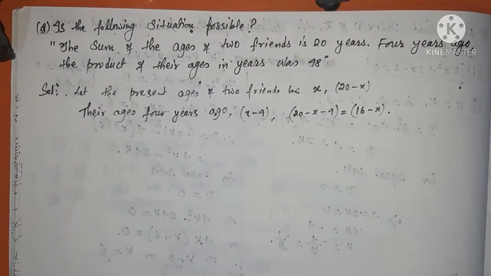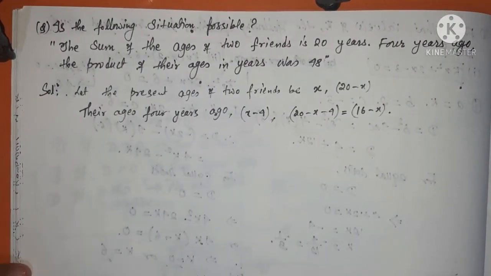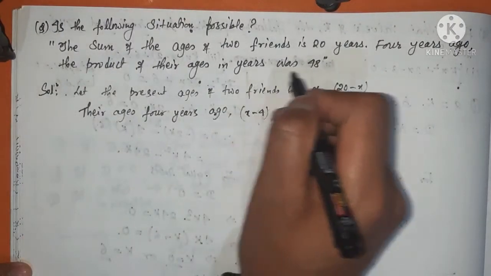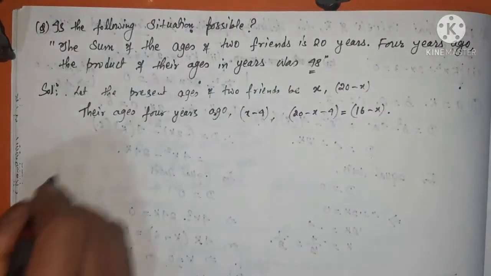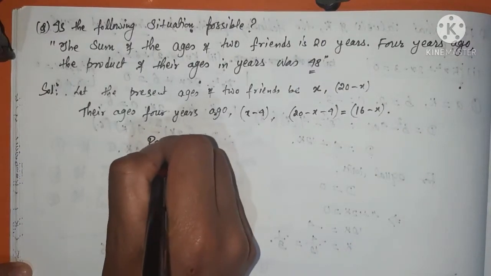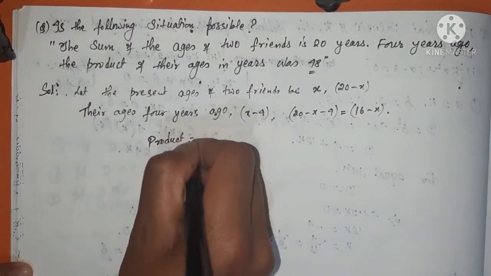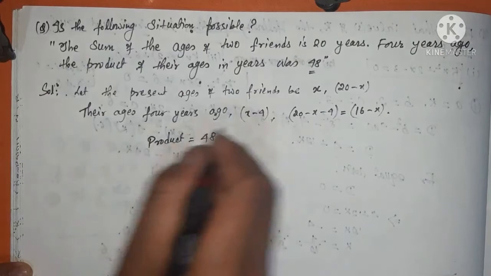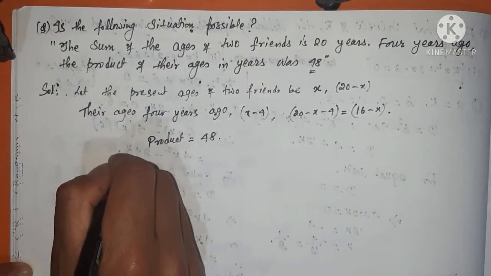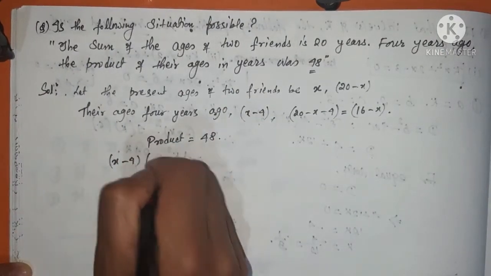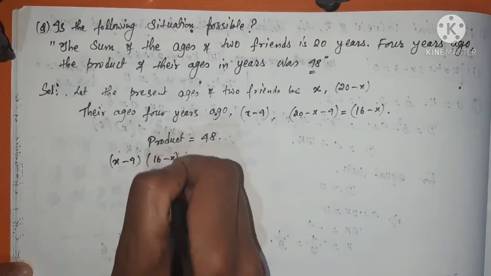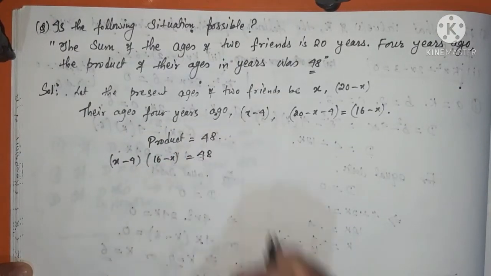Now it is given that the product of their ages 4 years ago was 48, right? Let us see. x minus 4 into 16 minus x is equal to 48.